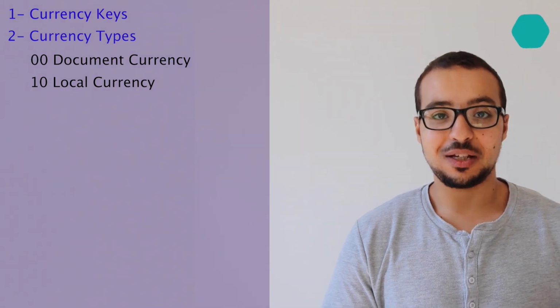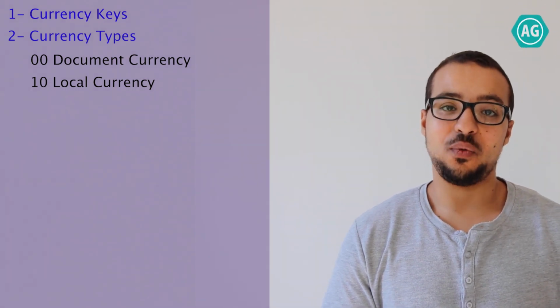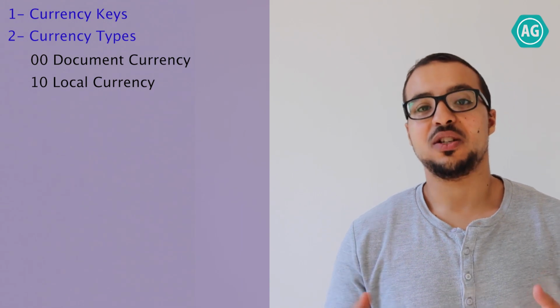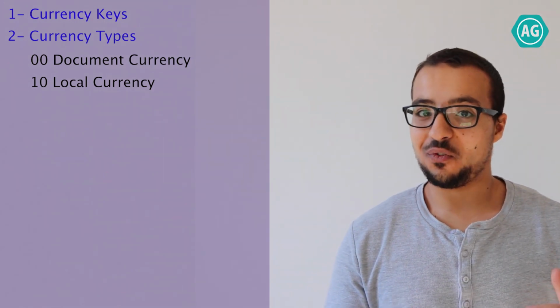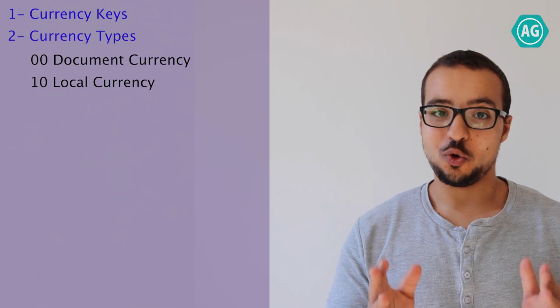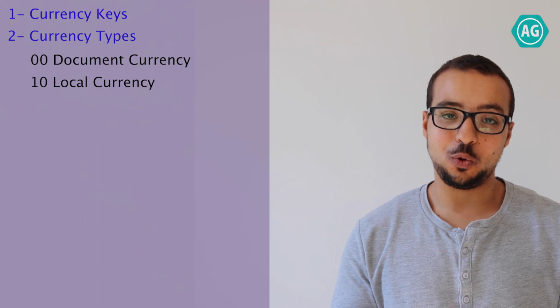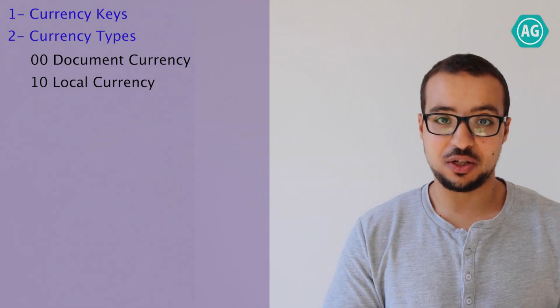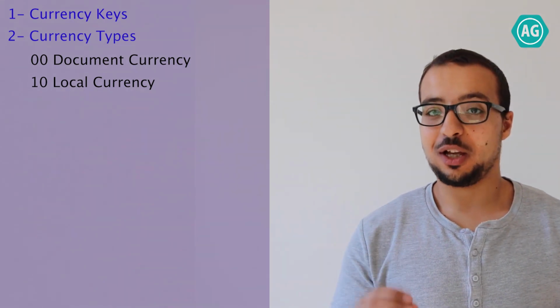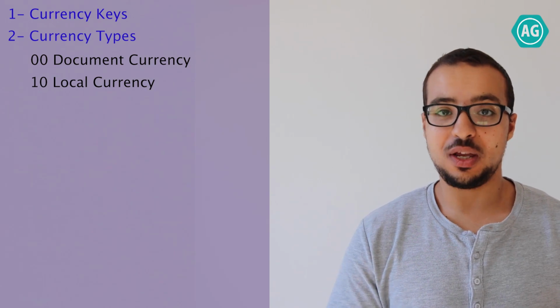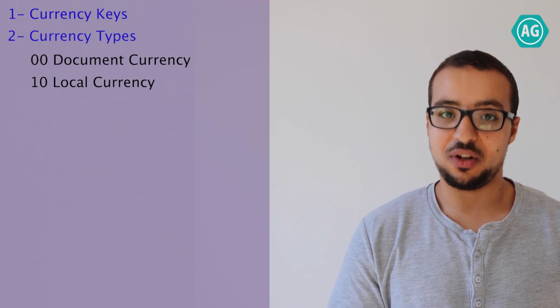And we maintain this currency type in the level of the company code definition. It is very important to know where to maintain the different currencies and the currency types, so please pay attention to this. And also I'm going to show you again how to do this exactly in the demo after I finish the explanation. So currency type 10, company code or local currency, is maintained on the company code definition.